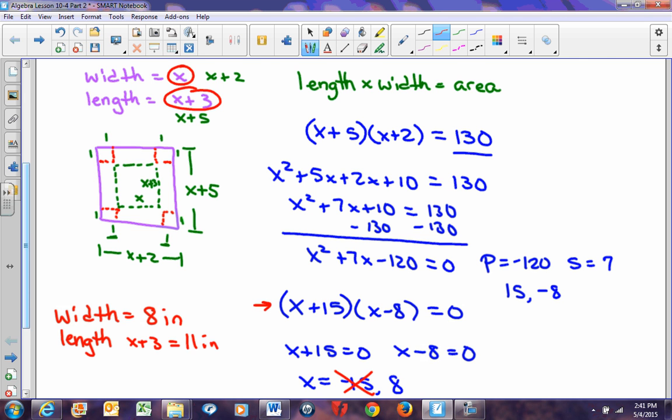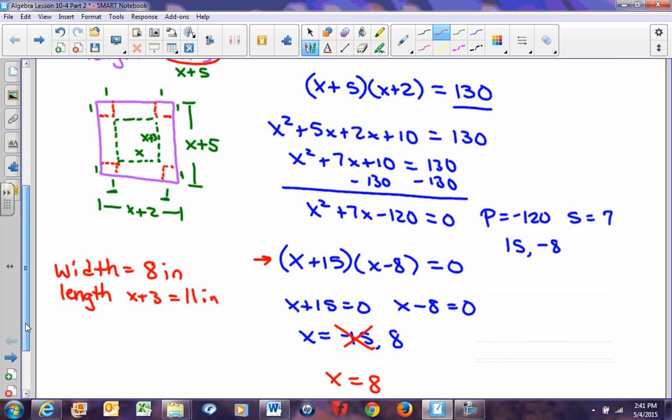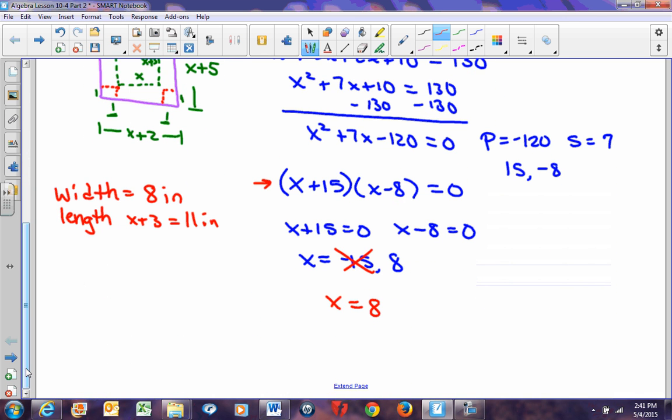So the original question asked us to find the dimensions of the box. So the dimensions of the box are 8 by 11 by 1.